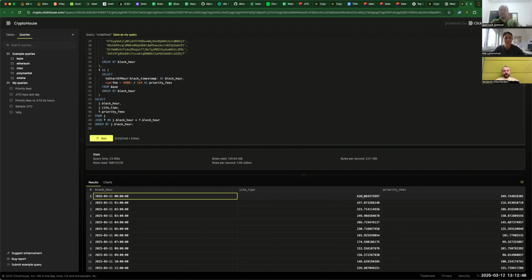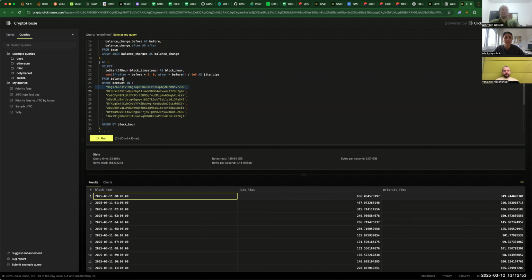You compared the value, if you scroll up, you checked if after is greater than before, and I just used the max function to get the maximum of 0 or the possible negative value. But what are those outgoing transactions from the JITO accounts? Are they automatic, or is that how JITO owners transfer money to their own systems? Do you know what they're for?